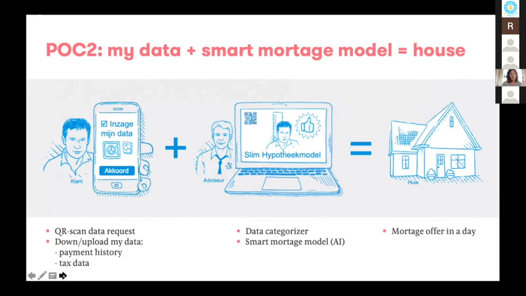You get a request for information from the bank. You can see that request in your Schluss app. You can directly download and upload in your Schluss vault the required information, and then make it available for the bank, where they can apply AI to ensure immediately whether you can get that offer or not, which also makes it available for small business owners, etc., to get a mortgage for a new house.